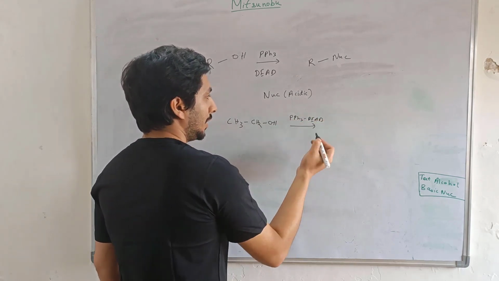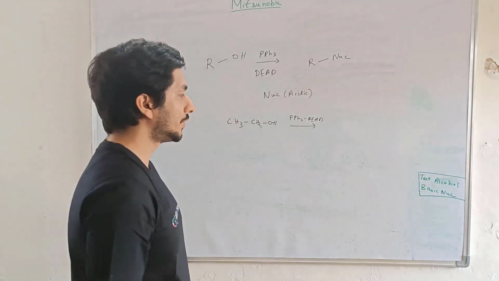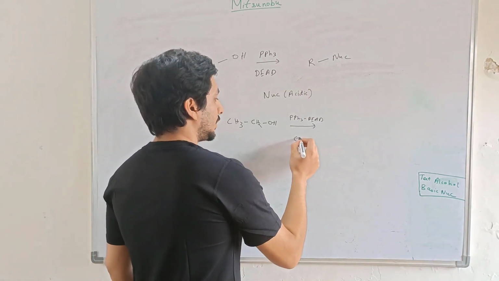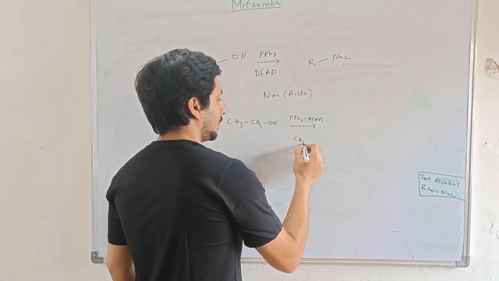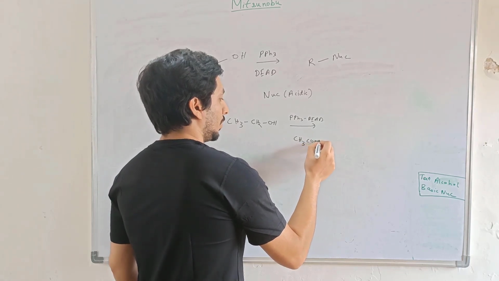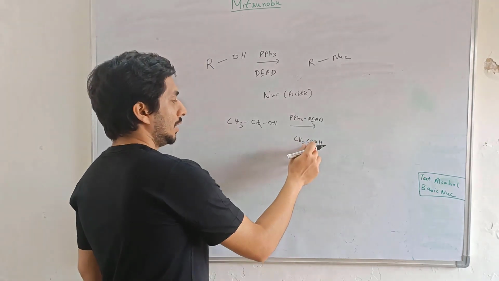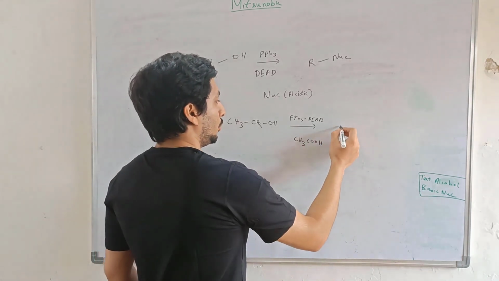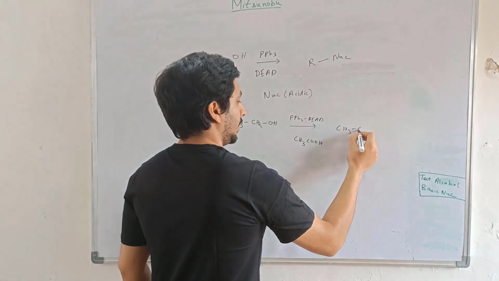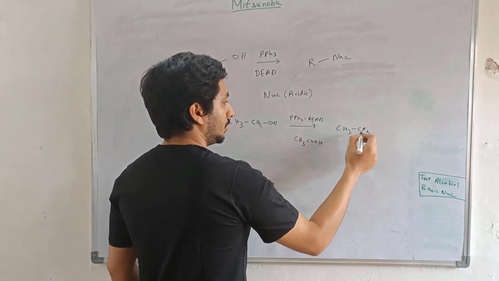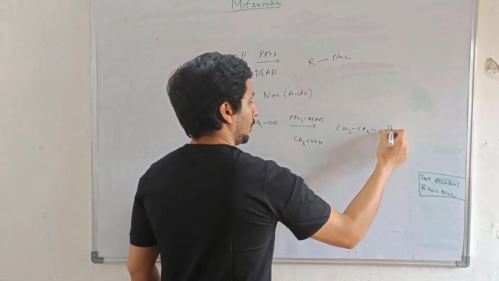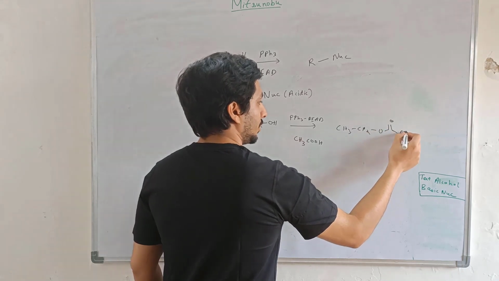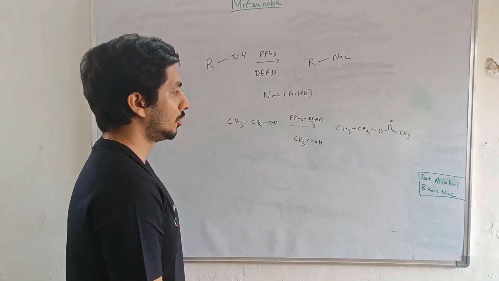Let's say in this case our acidic nucleophile is acetic acid, CH3C double bond OH. Then this hydrogen will get removed in the reaction, so you will have CH3CH2, and now this oxygen will be attached over here, O, C double bond O, and then CH3. This is going to be your product.